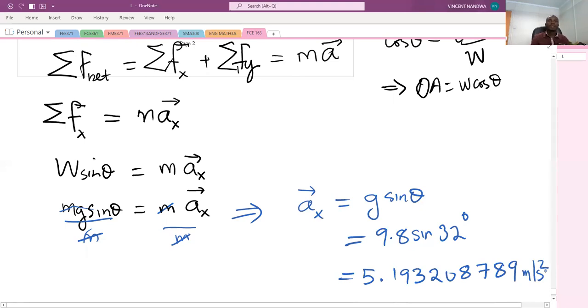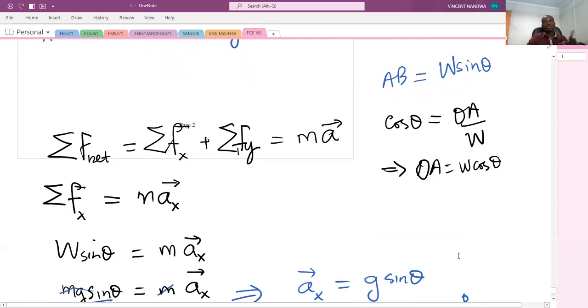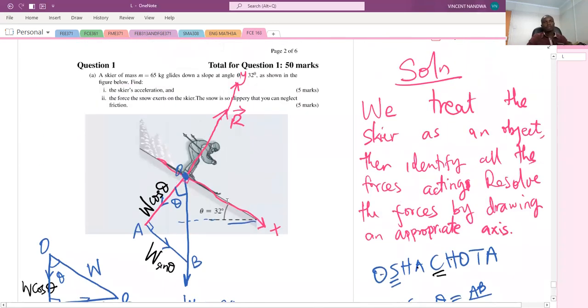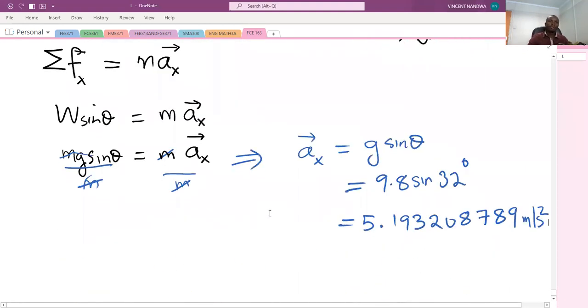So that is the acceleration of the skier, because the skier is moving in the X direction according to this axis. Now, resolving components in the Y direction.